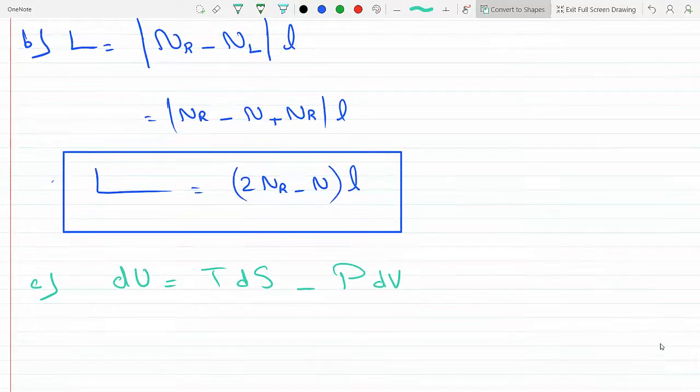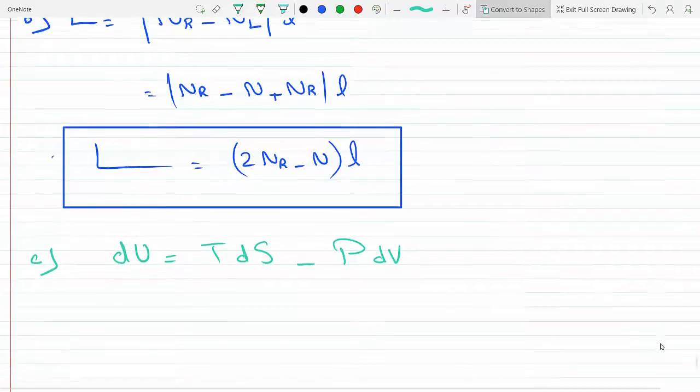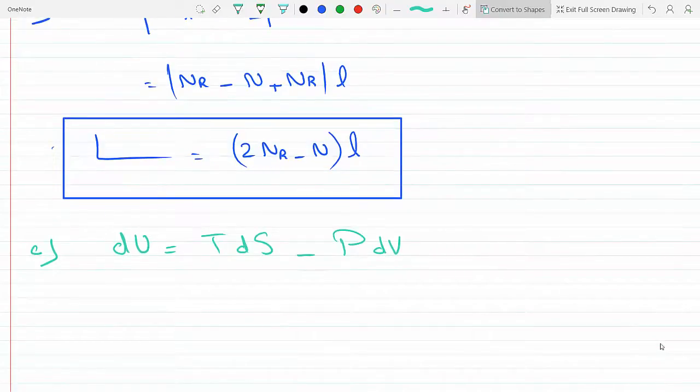Now, if the band is pulling inwards, F is greater than 0, so the work is done on the band when the change in length is positive.